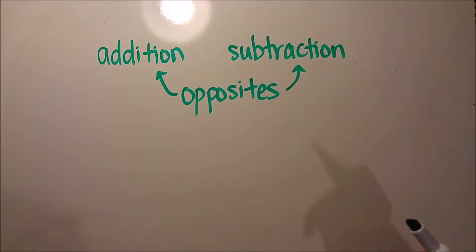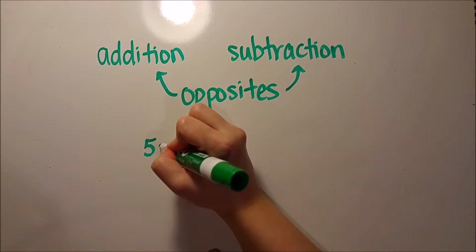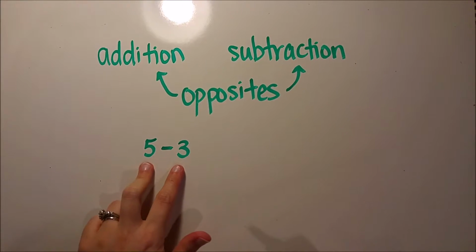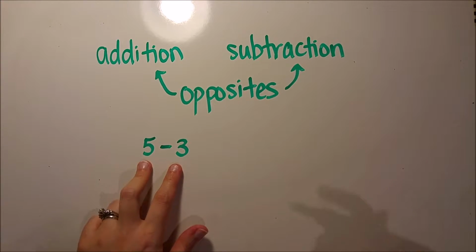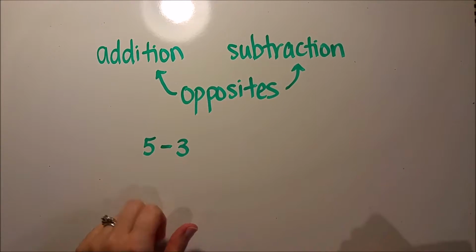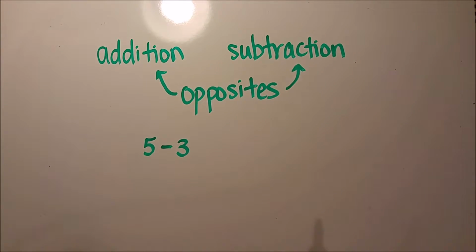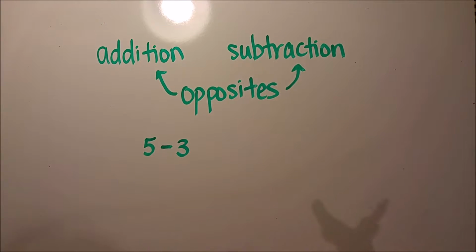So if you see a problem like, let's even say, 5 minus 3. This is a problem we've seen since first grade, kindergarten, some of you maybe. So 5 minus 3, we know this is going to be 2. All right, so let's think of this as an integers type problem, okay? So addition and subtraction are opposites. So let's turn this into the opposite problem, but one that will still give us the same answer.